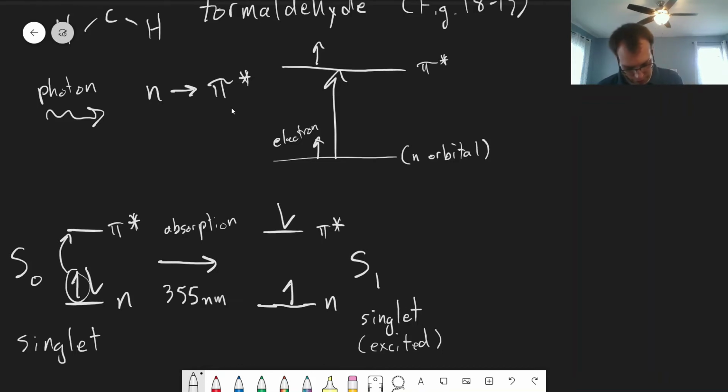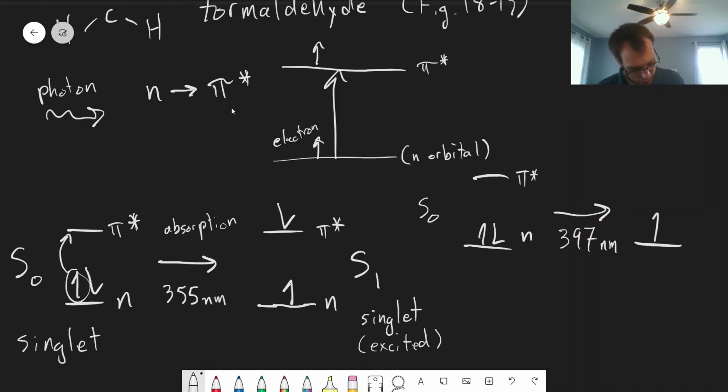But we can also start with this same S0 state, where we have our two electrons in the N, the non-bonding orbital, and we can absorb light at a lower frequency, longer wavelength at 397 nanometers, and we can have both of these electrons in the same direction.